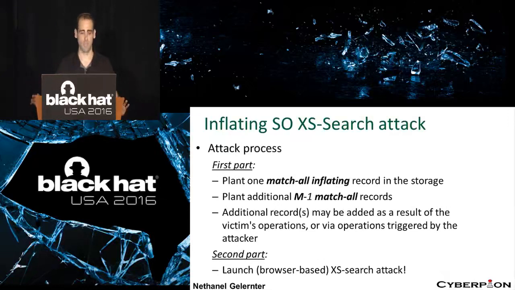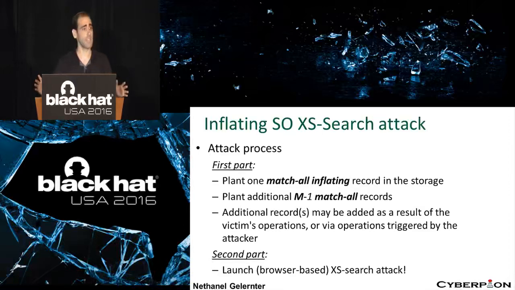And this is the attack process. In the first step of the attack, the manipulation step, the attacker plants 1 match all inflating record in the attacked storage. Then the attacker plants additional m-1 match all records, and then the attacker can wait, and the user may use his account and add records, or the attacker can just do tricks like the Facebook password reset code tricks that I showed you, and there will be another record in the storage that contains our secret, a single record.